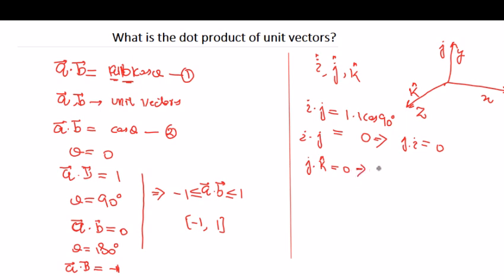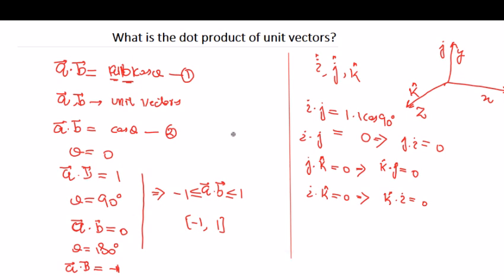Also k dot j will be equal to 0. Similarly I dot k will be 0, means k dot I will be 0 because of the commutative property.